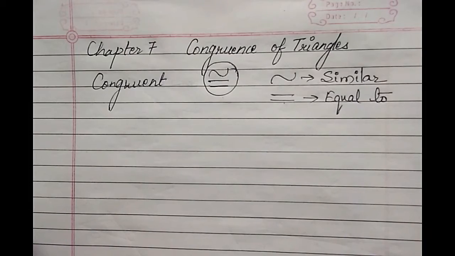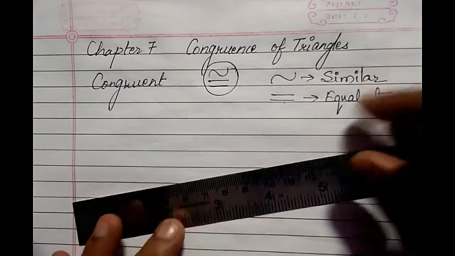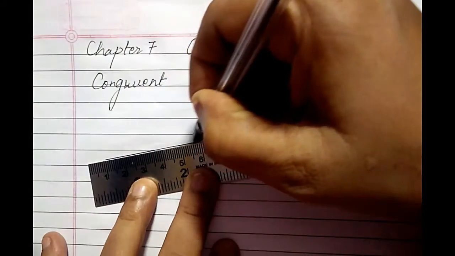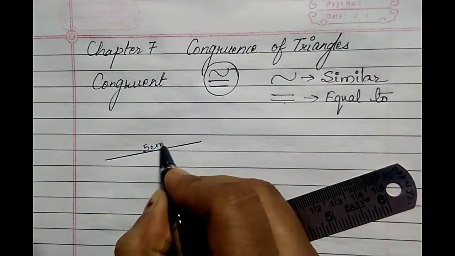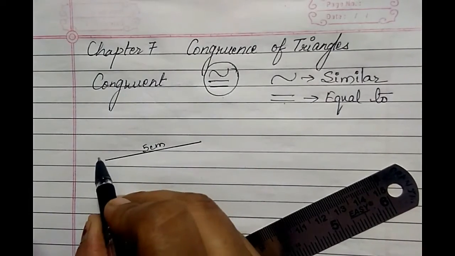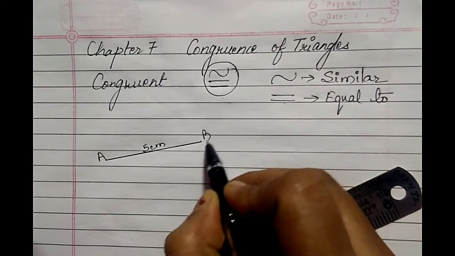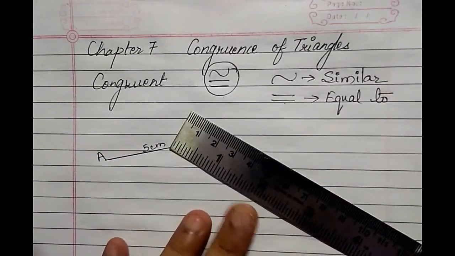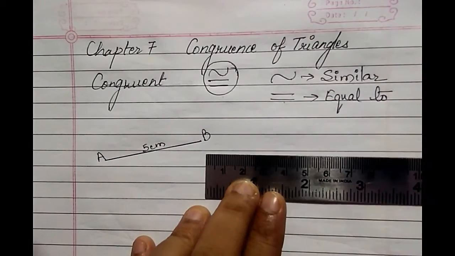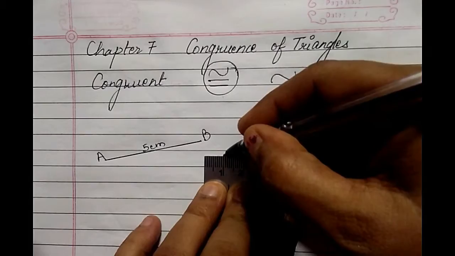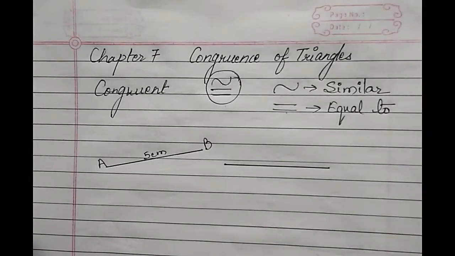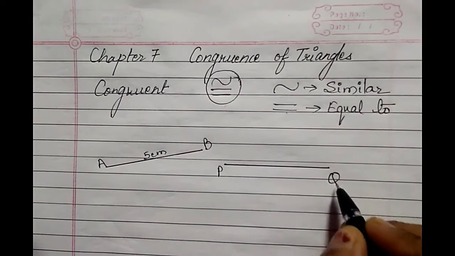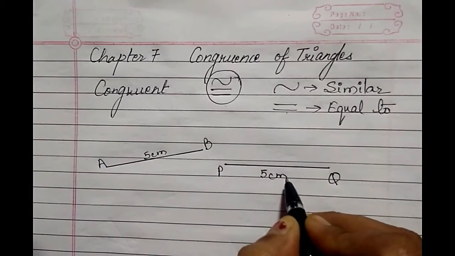Suppose I take a line segment of 5 centimeter. Here AB represents a line segment and we have another line segment, say PQ, and this is again of 5 centimeter.